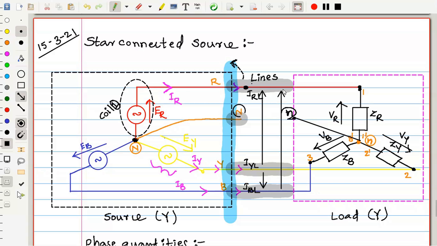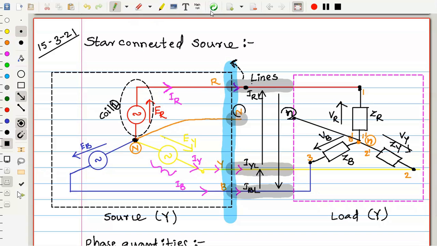B2R means it should start from B, so the arrow should be pointed towards B. For R2Y and Y2B, the arrow should be a little different. Whichever we pronounce first, that side should be the arrow. That is, I am saying Y2B, so the Y side should be the arrowhead, and the other side should be the non-arrowhead.